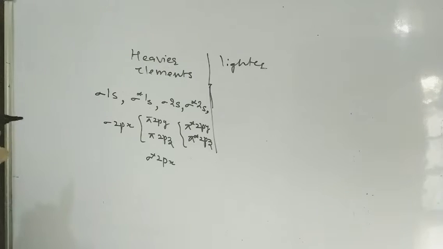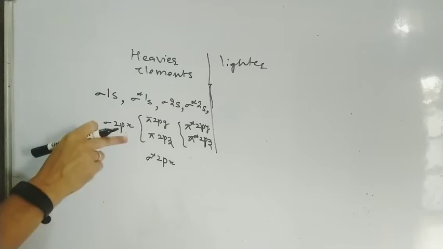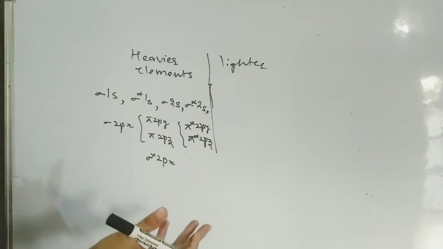What is this? This is the electronic configuration of molecular orbitals.